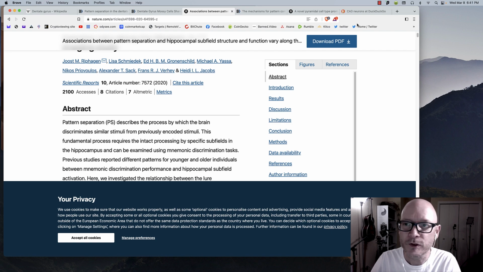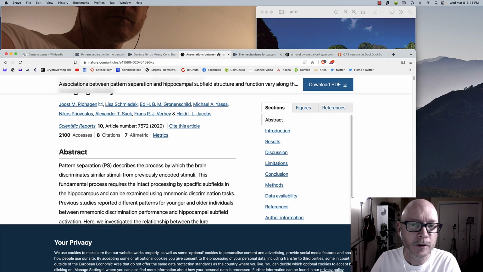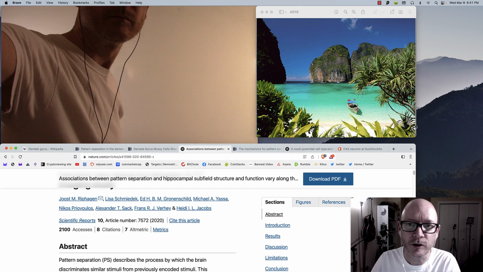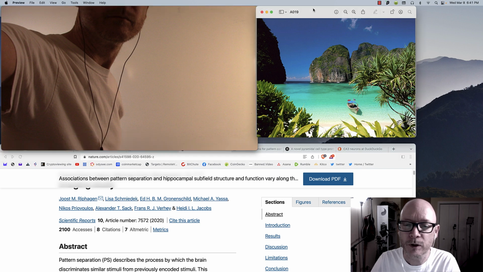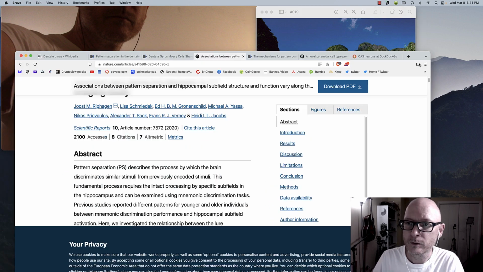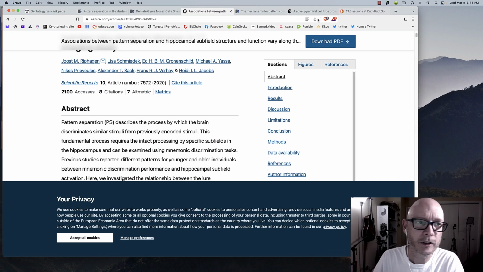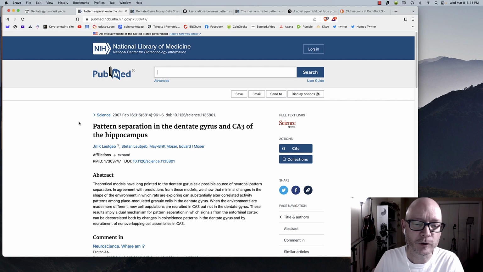Here's the importance of pattern separation and pattern completion, because it is generically termed AOL and stuff like that in very generic terms.